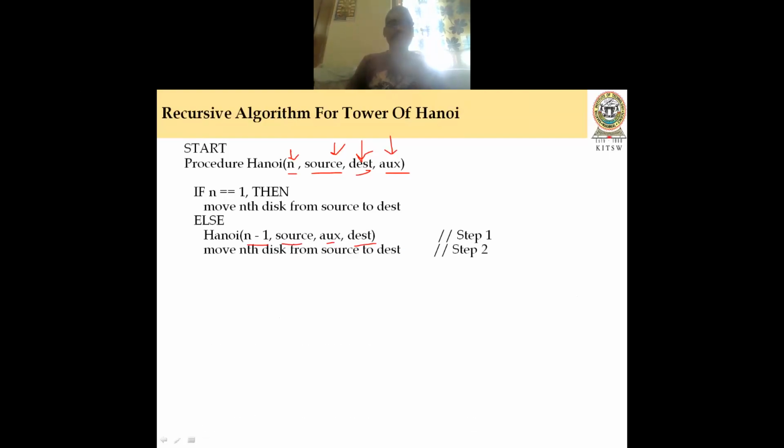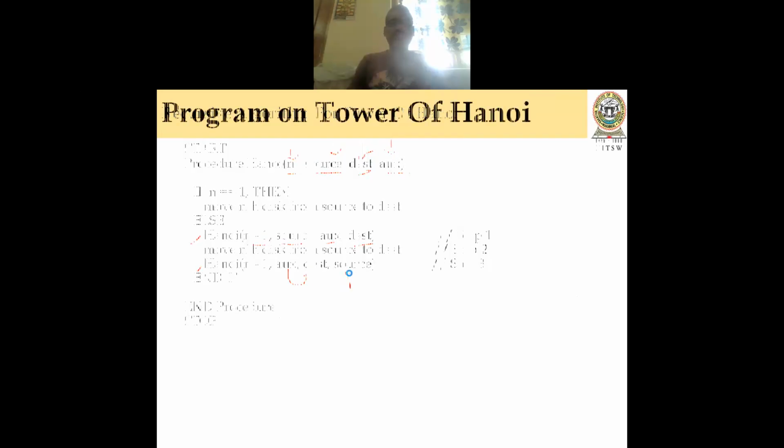Then move the nth disk from source to destination. Then, as the third step, we recursively call Hanoi of n minus 1 disks from auxiliary to destination by taking the source as the auxiliary tower. This is the recursive algorithm for solving the Towers of Hanoi problem.